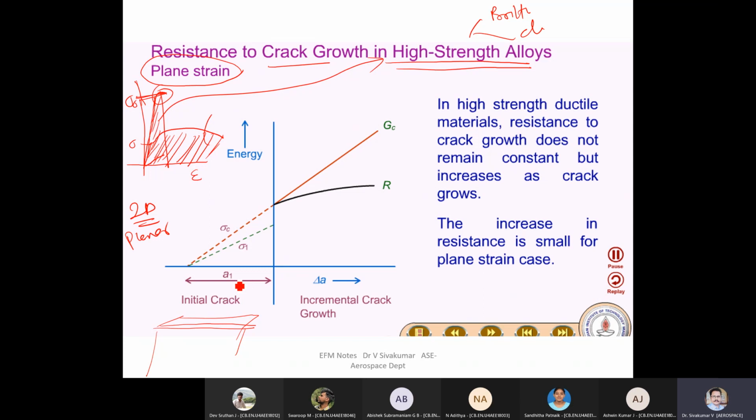there is a crack length of A1. I am playing with two different loads. One particular load P1 will cause sigma 1.